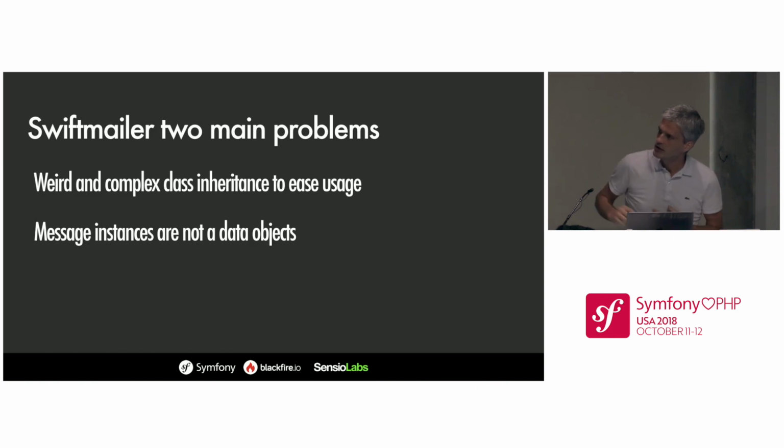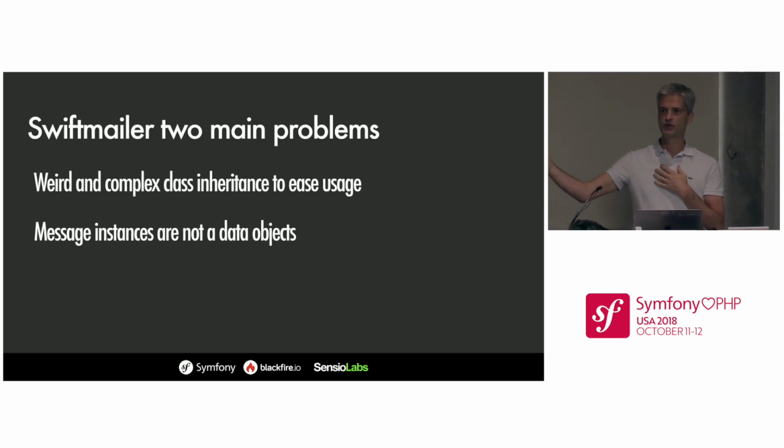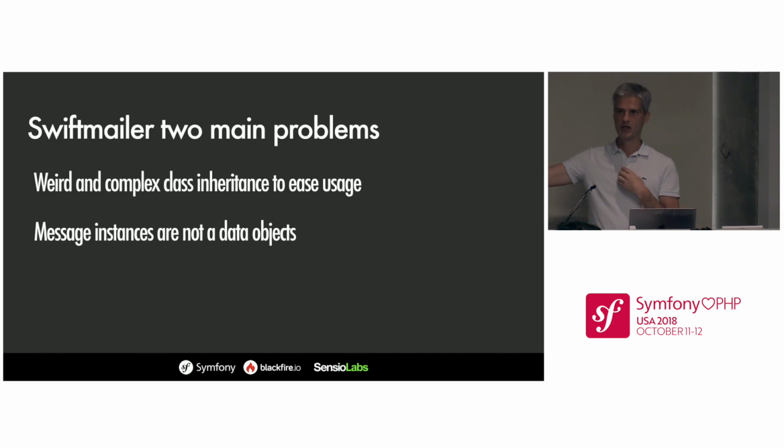There is another problem, which is that the message instance is not a data object. When you are creating a message, it's about the properties of the message, to, from, subject, body, and things like that, but it's also about the logic to convert the message to a MIME message so that SwiftMailer can send it.